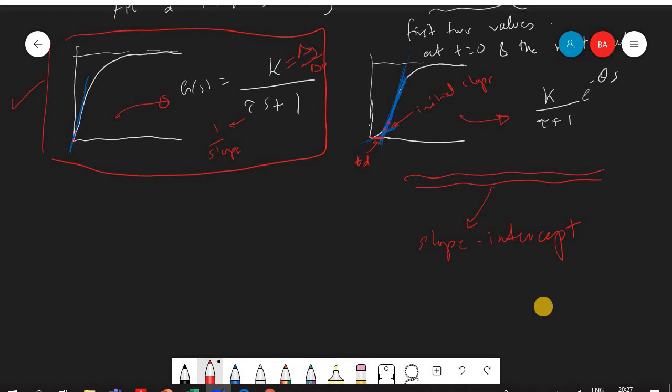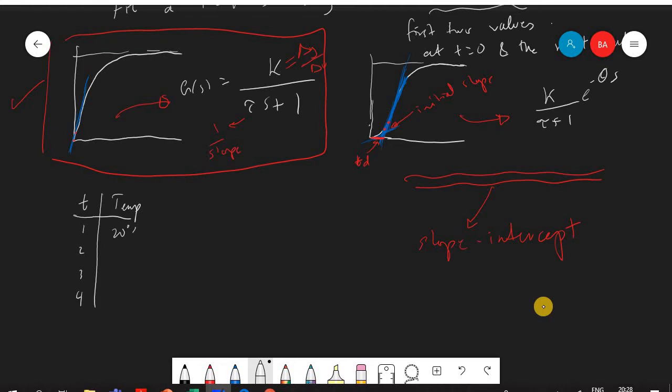But what if we have a table? For example, the time is changing, and I had made a step input. When I made a step input, the temperature was changing.